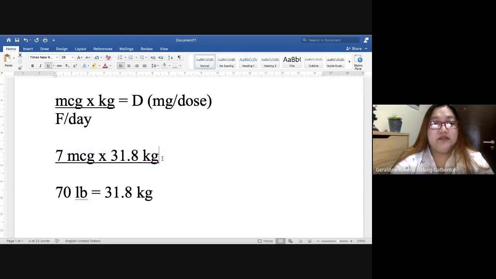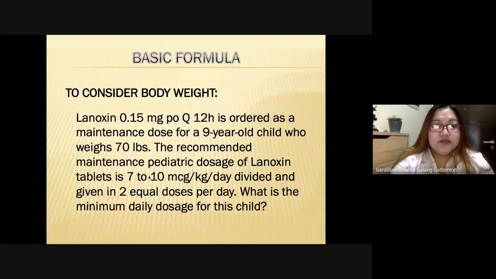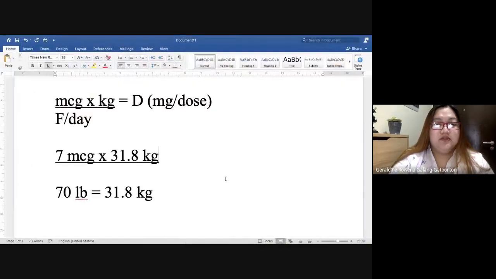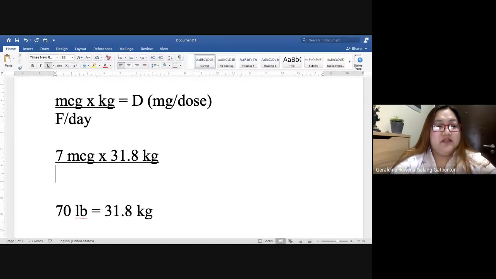Okay, next. Ito ngayon yung per day. Diba? So, 7 minimum microgram per kilo per day, which means, ano yun nandito sa divided by 1. Kasi, per day siya. So, isang beses siya na binibigay sa isang araw.